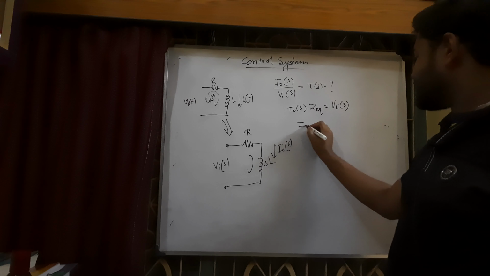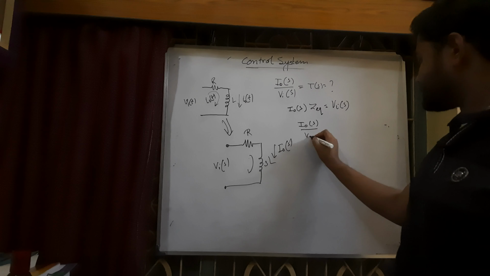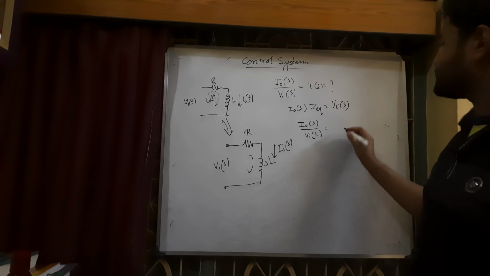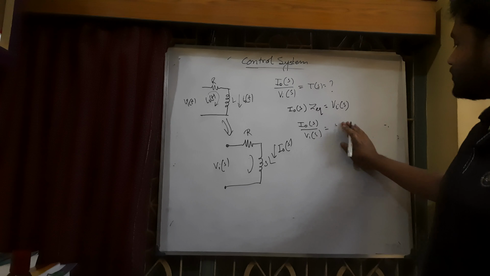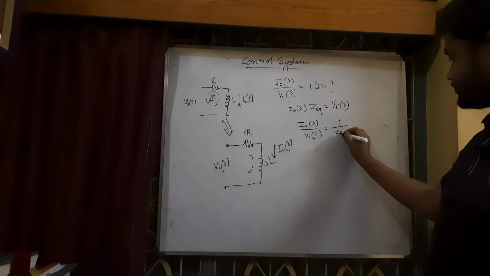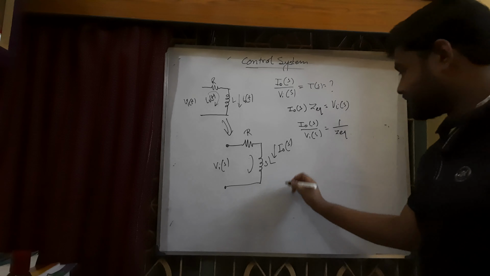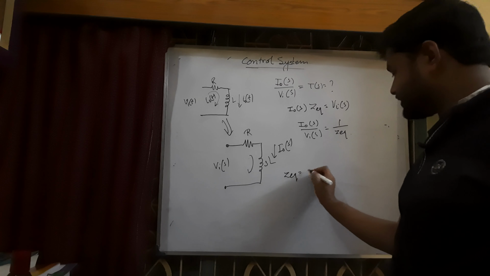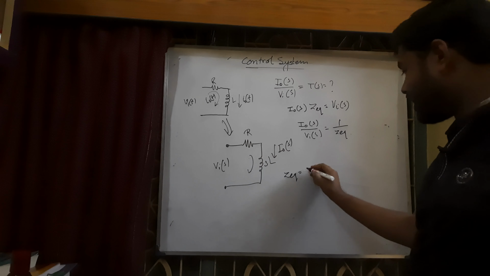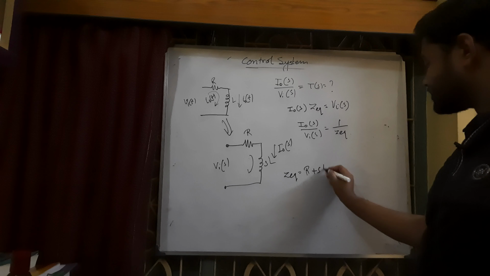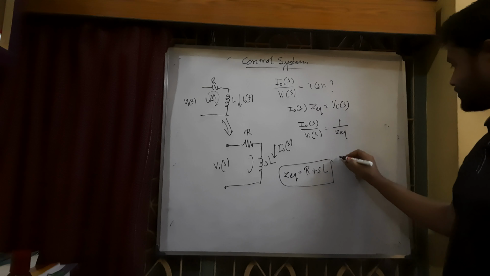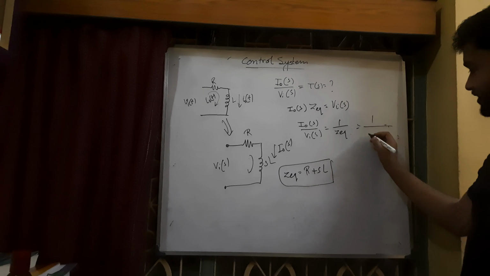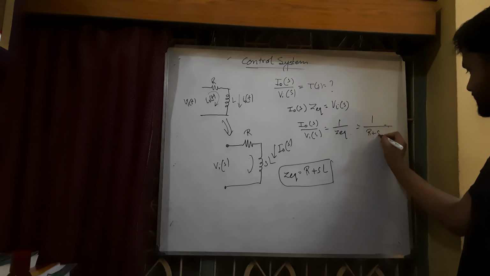So I_o(s) by V_i(s) equals 1 by Z equivalent. Z equivalent is the series combination of R and sL, so it is R plus sL. Again, the transfer function is 1 by R plus sL.